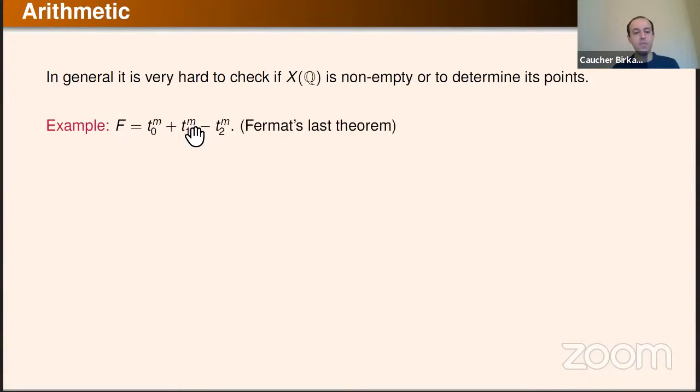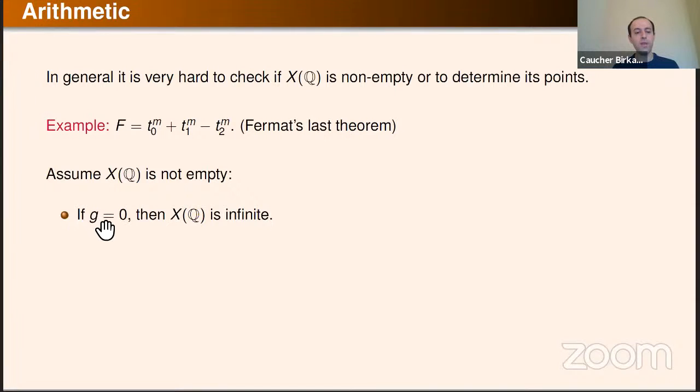If I take F to be t0 to the m plus t1 to the m minus t2 to the m, then we get again this Fermat's last theorem kind of situation, if you look at the solutions over the rational numbers. But solutions over the complex numbers are easier to see. Now, suppose for one moment that we have at least one solution over the rational numbers, and then we want to see what happens.